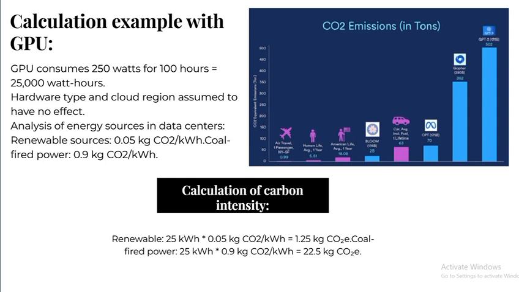After that, analyzing the energy sources used in data centers, such as coal-fired power plants versus renewables, helps quantify the environmental impact. If a data center primarily relies on renewable energy sources with a very low carbon intensity, emitting only 0.05 kilograms of CO2 per kilowatt-hour, the calculation multiplies the energy consumption by the carbon intensity. 25 kilowatt-hours times 0.05 kilograms CO2 per kilowatt-hour equals 1.25 kilograms CO2e.